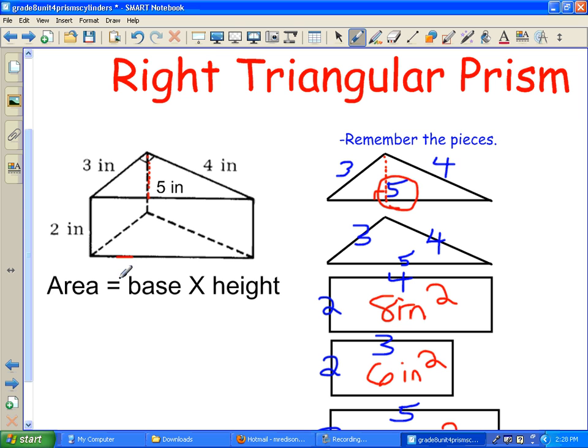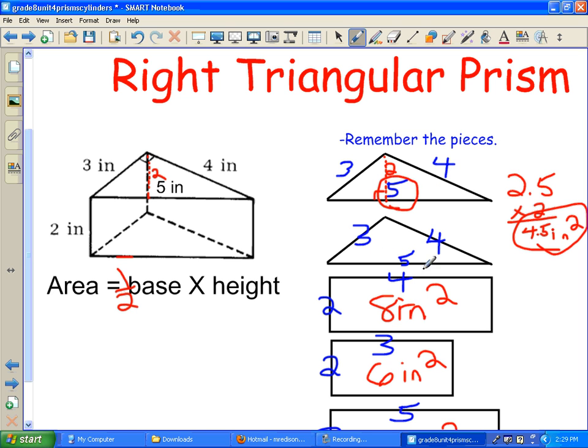So to calculate it, it's going to be half the base times the height. So half of 5 would be 2.5. And if I gave you this height of 2, so it'll be half of 5 times 2. So it'll be 2 times 2.5. And it'll give you 4.5 inches squared. So now we've just calculated the area of this triangle.